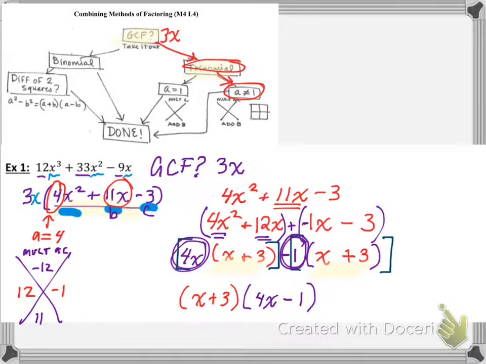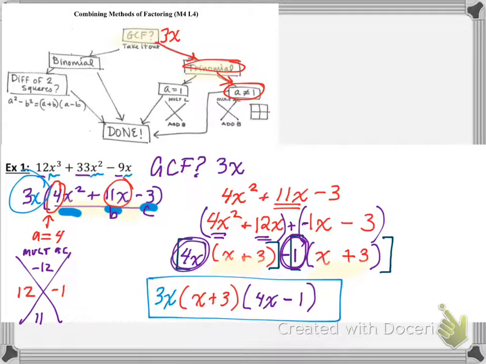So if we go back, I know it was a while ago, if we go back way to the beginning, the GCF was a 3x. So I want to add that back in. Okay, so now we have our completely factored form of 3x times x plus 3 times 4x minus 1, and we have completely factored it because we've made our way through the flow chart, and now we are done. Whew, that was a long one.